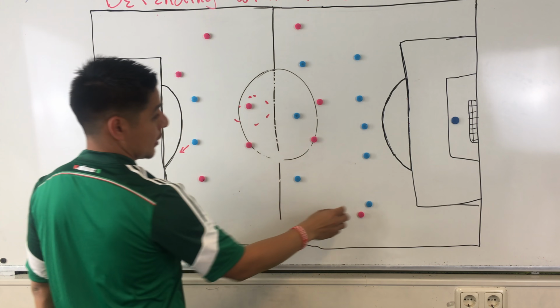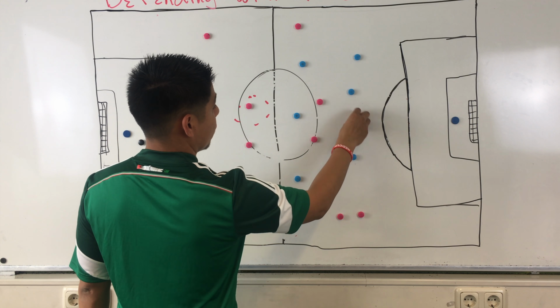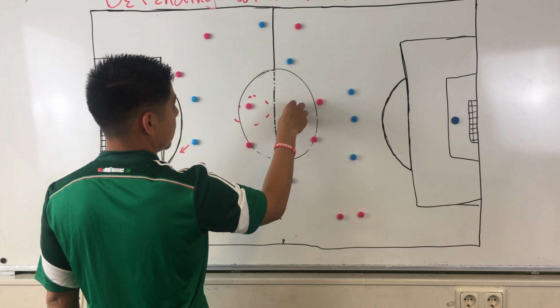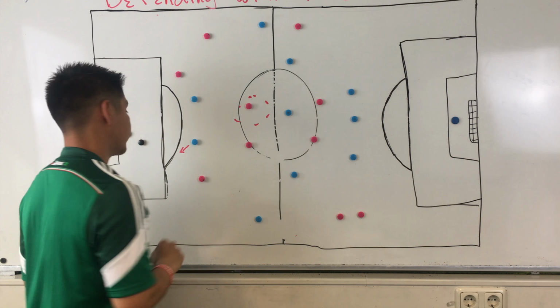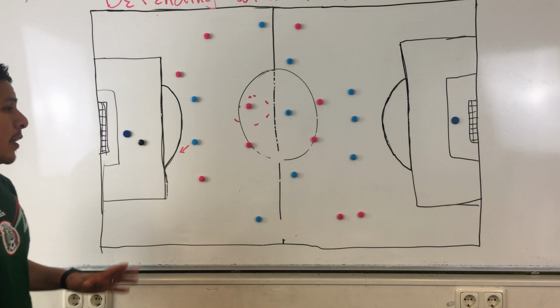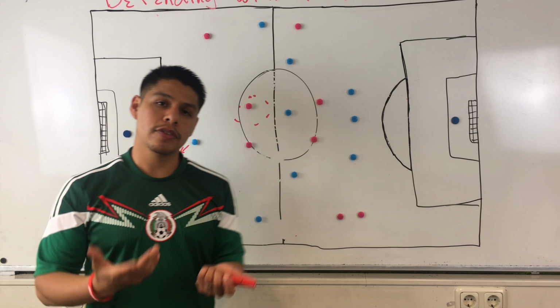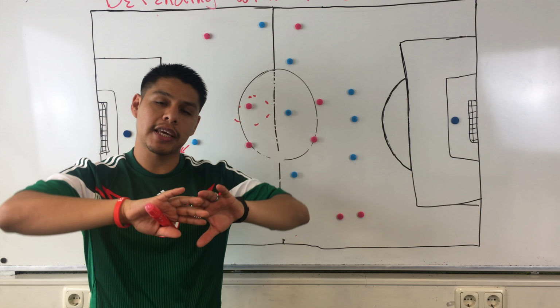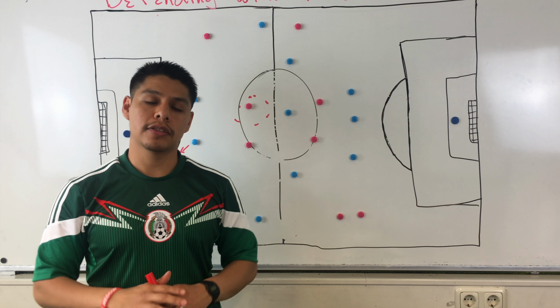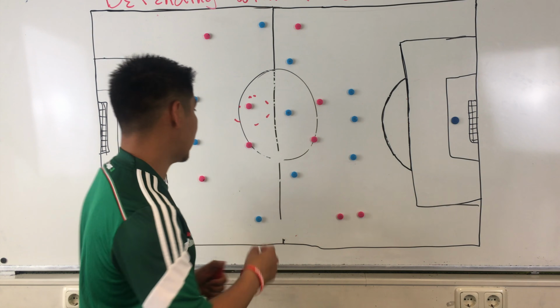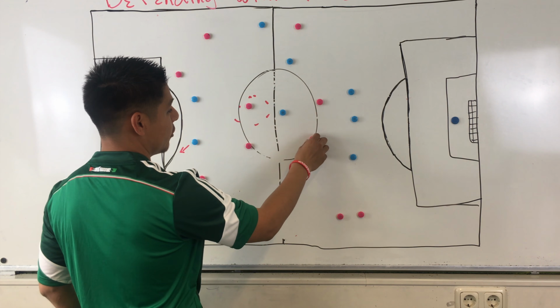Let's try to get back in our formation. So let's go there. Okay, but essentially what we're looking for with the 3-5-2 defending wise, we want to try to push the game to the outsides, right? To the outsides, we want to push the game, especially if we do not have a numerical advantage.